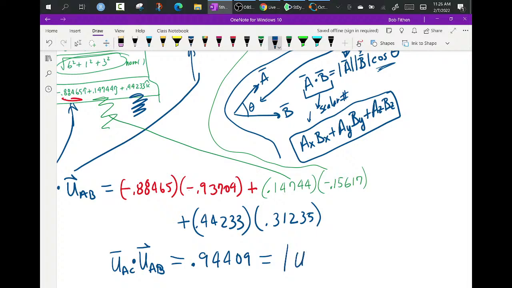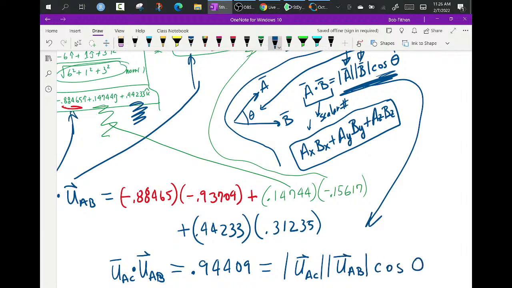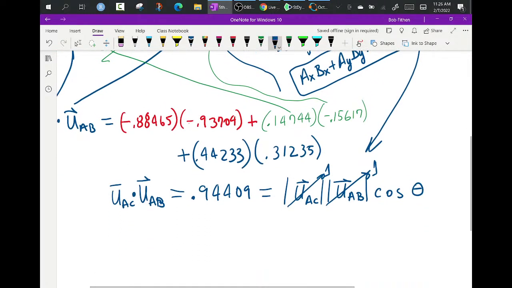What I'm doing is grabbing this side now, and instead of A and B, I've got UAC, the magnitude of it, UAB, the magnitude of it, and the cosine of the angle between them. Well, we've made this length 1, and we made this length 1. So all I have now is cosine, let me write this down, is this.